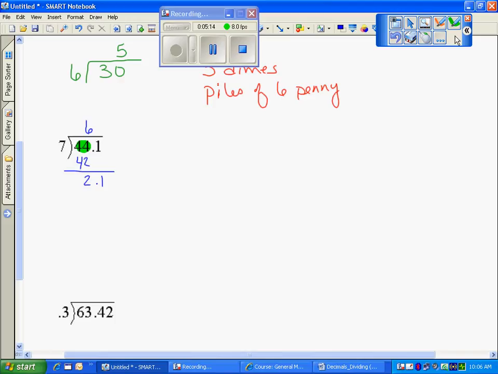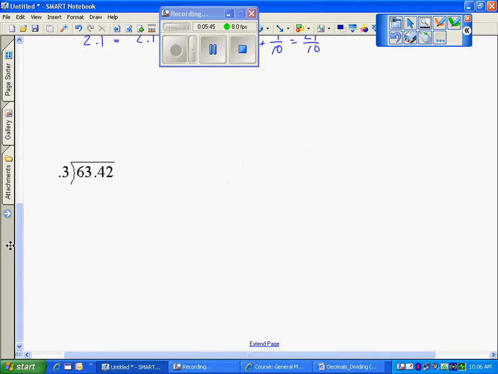There are 3 7s in 21, and my decimal point sits here because this 21 is looking at 2 1/10, which is really 20/10 and 1/10, which is 21/10. Notice I'm in my tenths position. And what happens here is this decimal just goes straight up as long as I've aligned my numbers correctly. Let's try another one.